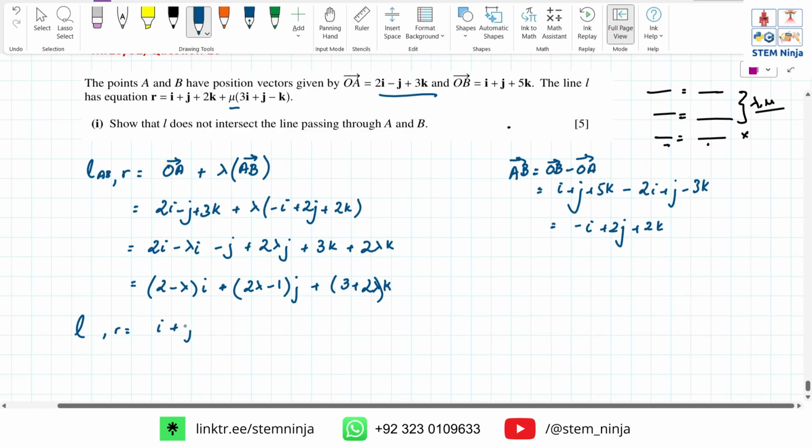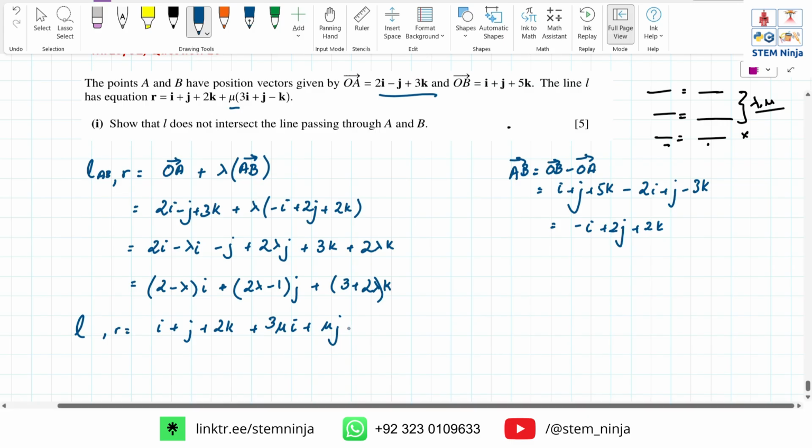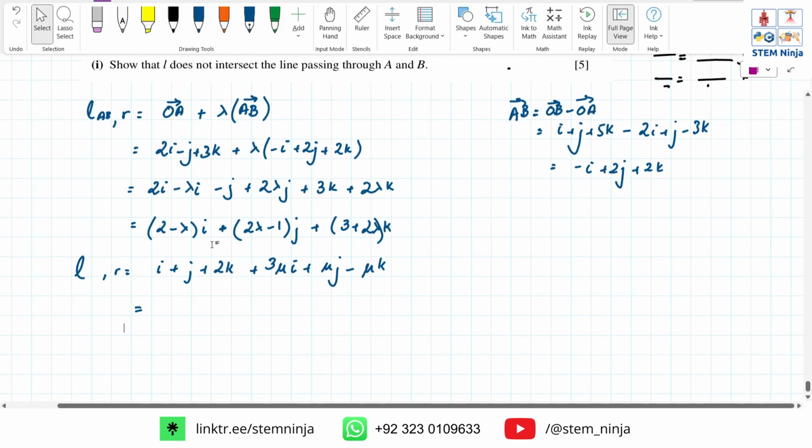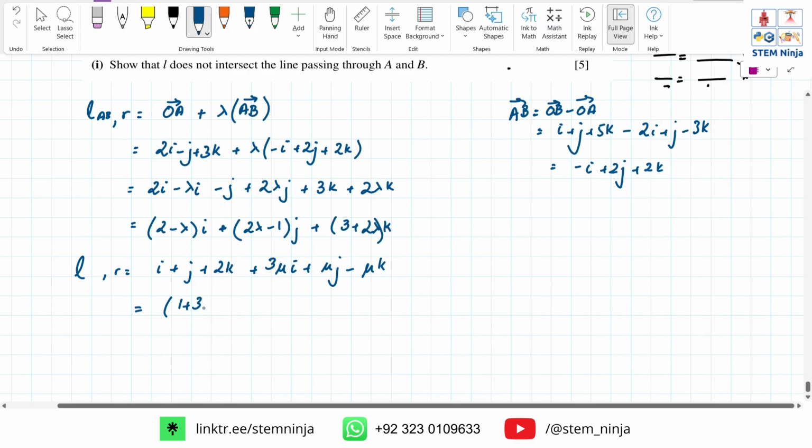So i plus j plus 2k plus 3 mu i plus mu j minus mu k. So this would become (1 plus 3 mu)i plus (1 plus mu)j and then (2 minus mu)k.